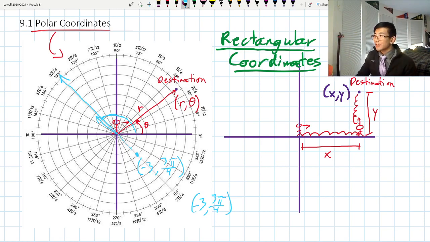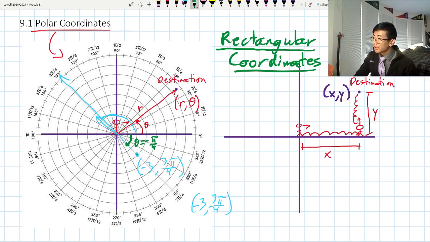Alternatively, what else could I do? Well, I could also just go down that much, so that would be a negative angle. That would be an angle of negative pi over 4. And how far out do I have to go? Well, since I'm facing that direction now, I would just go forward 3 units.